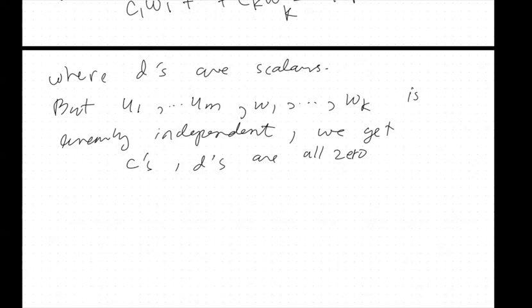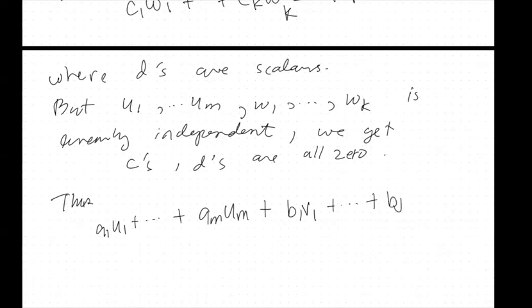So if the C's and D's are 0, this means that A1 U1 plus AM UM plus B1 V1 plus BJ VJ is equal to 0, because with C and D equal to 0, our original equation becomes this.